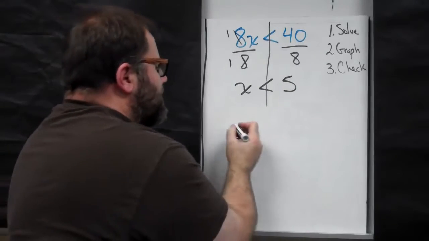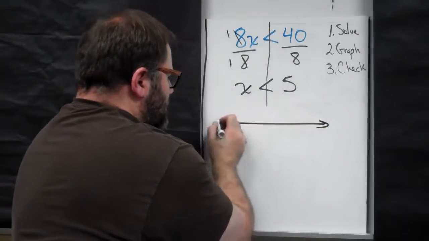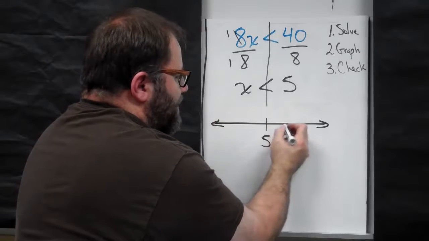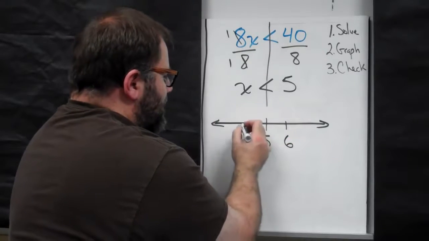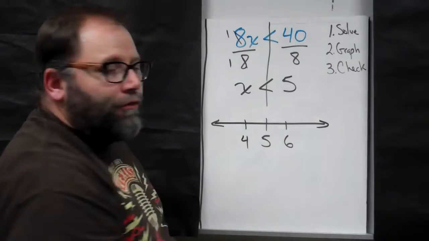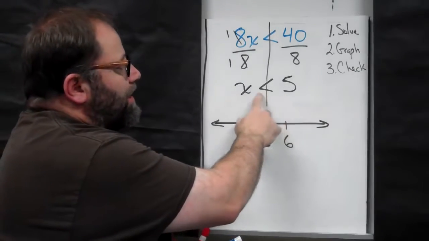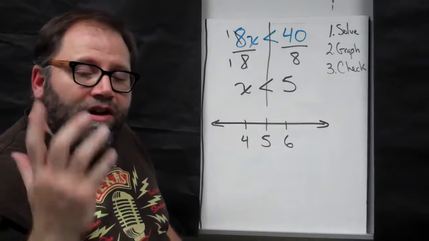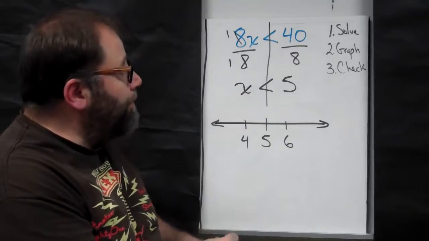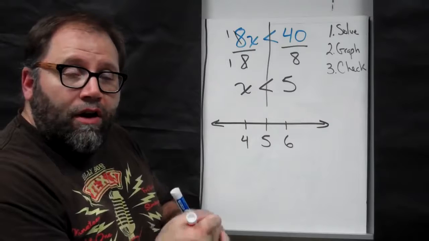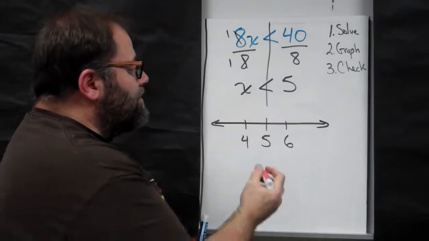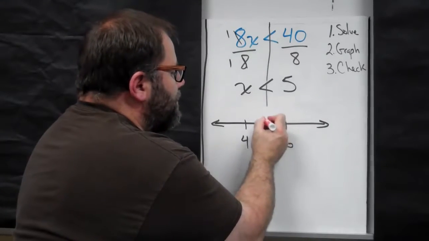Then my next step, of course, is to graph it. Here is 5 and a point after it and a point before it. We have 4, 5, and 6 on the graph. Go back and check my inequality sign. It does not include a greater than, or it does not include an equal to sign. So I know this is going to be an open circle.